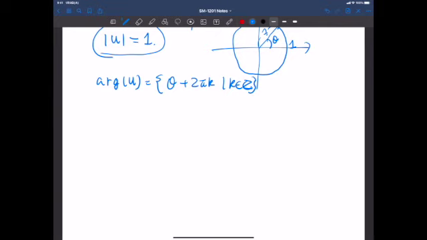And the principal argument. So this is the argument, and the argument is a set.